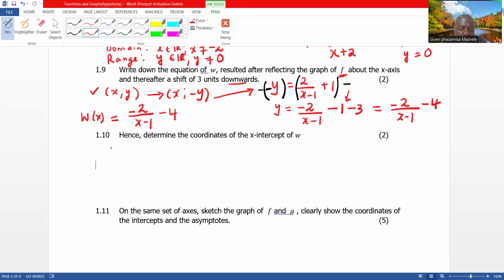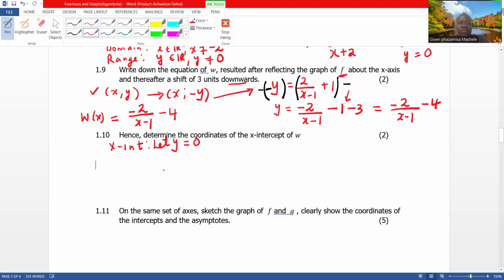Then 1.10 says, hence determine the coordinates of the x-intercept of W. Obviously, to determine the x-intercept of W, we need to let y to be 0.